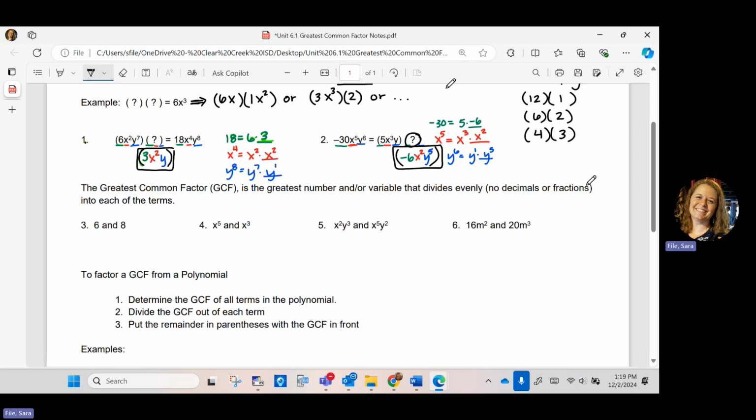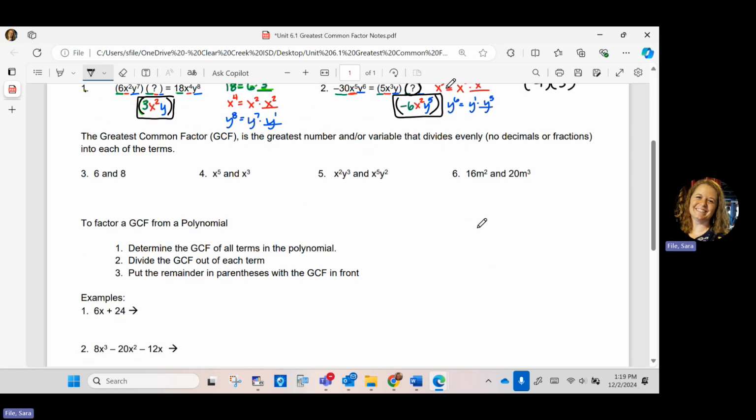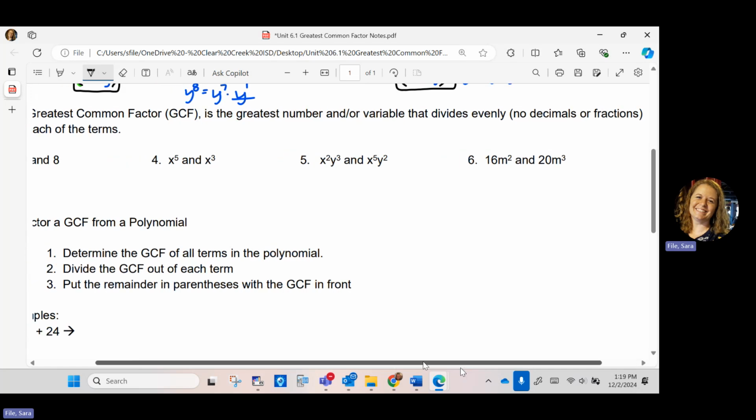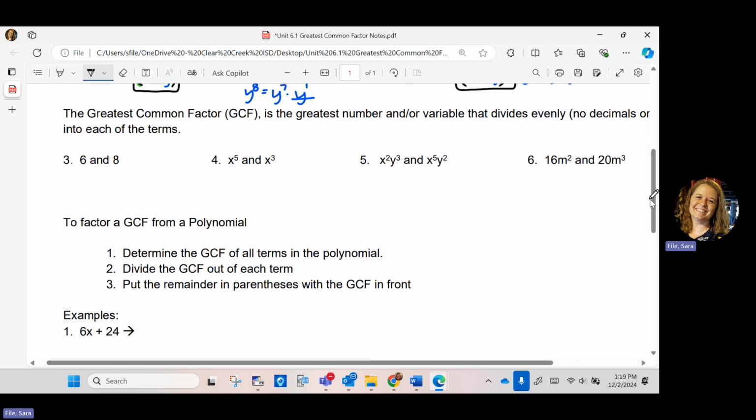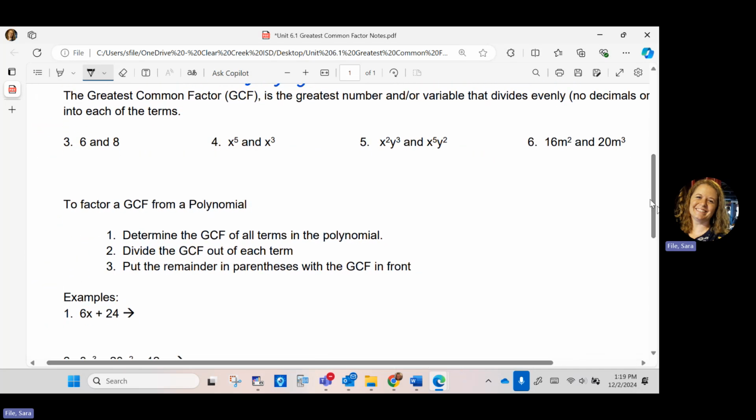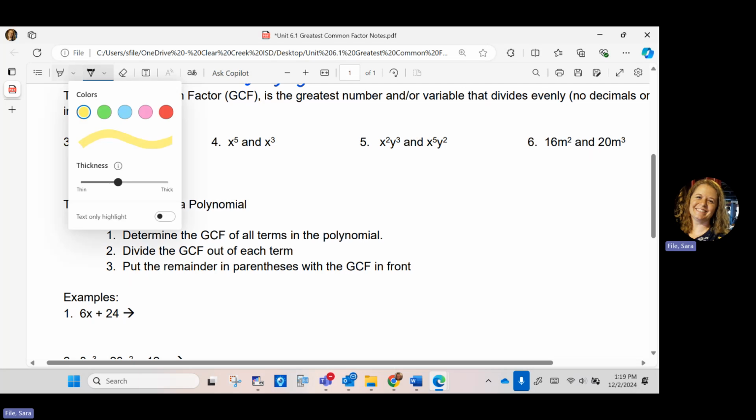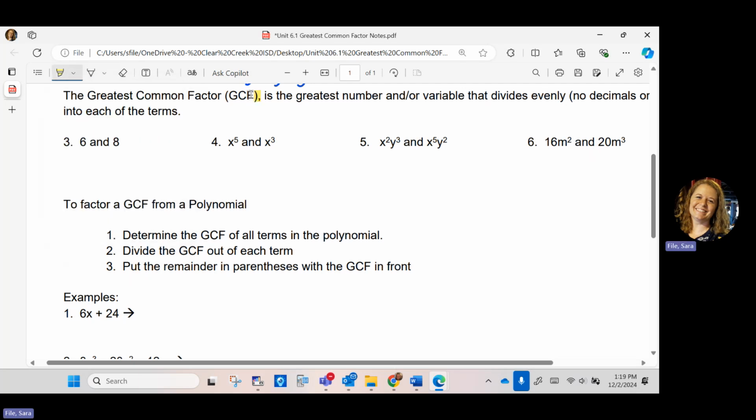Now, when we talk about greatest common factor, we're getting more specific here. It's not just any factor, it is the greatest common factor, often abbreviated as GCF. What does that word greatest mean?